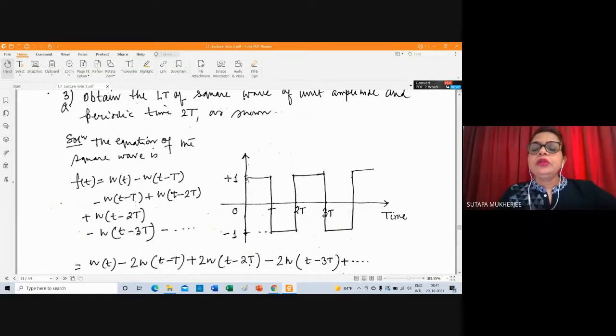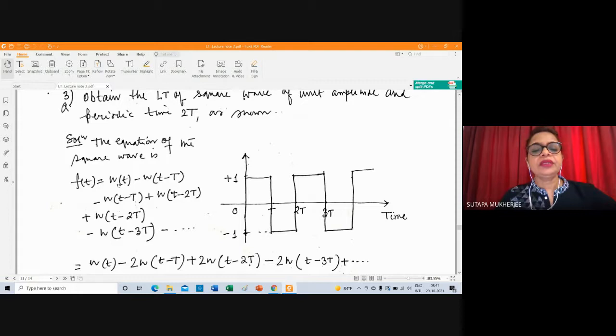So Mukul, just concentrate on this part. This is a step function having value 1, that is the unit step function. So how can you represent this function? u(t). Am I correct?